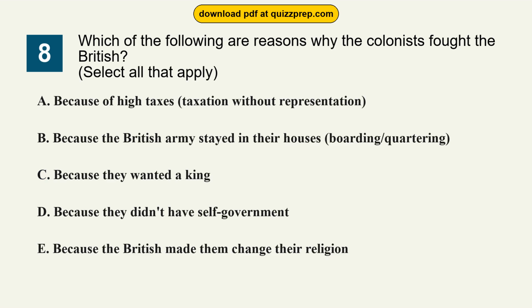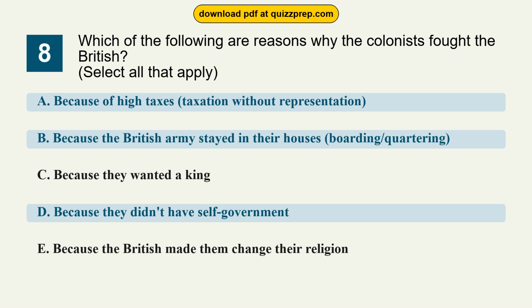Question 8. Which of the following are reasons why the colonists fought the British? Option A. Because of high taxes, taxation without representation. Option B. Because the British Army stayed in their houses, boarding/quartering. Option C. Because they wanted a king. Option D. Because they didn't have self-government. Option E. Because the British made them change their religion.